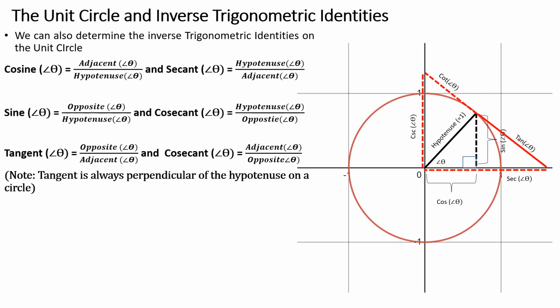So when I get these angles with this right triangle I've drawn, I've got the cosine, which is the coordinate for the x. And the inverse of that is simply the secant, and you can see how we get the secant right here at the bottom.